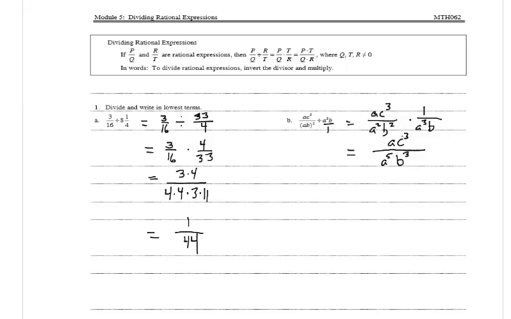And now, the only factors that we can simplify are the a's, so we have a to the 5th in the denominator and a in the numerator, so we have a to the 1st divided by a to the 5th, which would leave us with a to the negative 4th in the numerator, or a to the 4th in the denominator. And then we have a c cubed left in the numerator, and then the b cubed in the denominator.